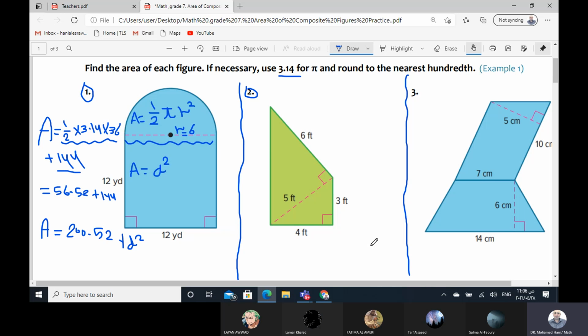Okay, thank you, Lamar. Fatima, what is your answer? Taif, what is your answer? Selma, Aliazia. Sir, can you give me one more time? I mean, the end. Okay. Sir, I got 21 feet squared. Thank you, Fatima. Who has different answer?